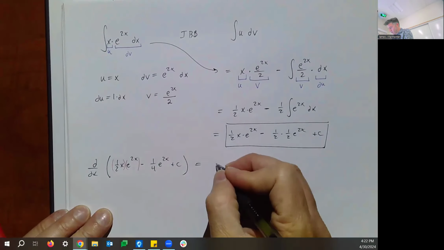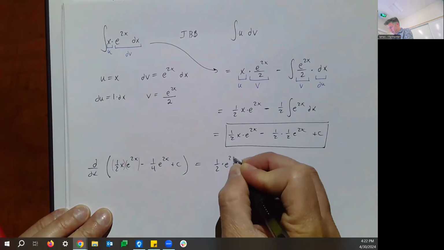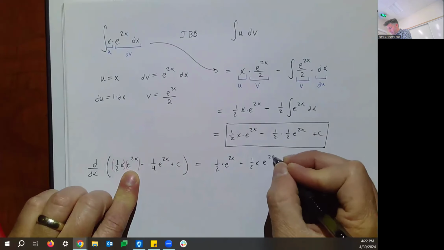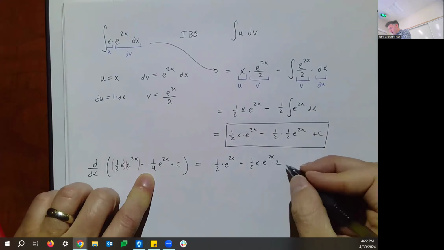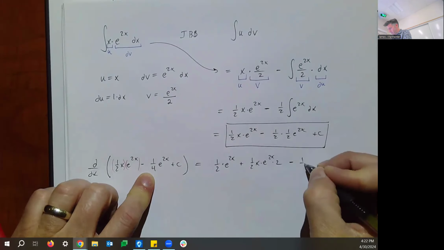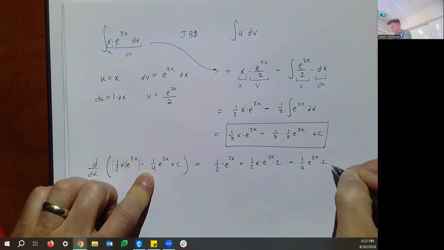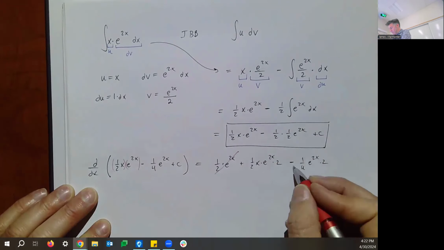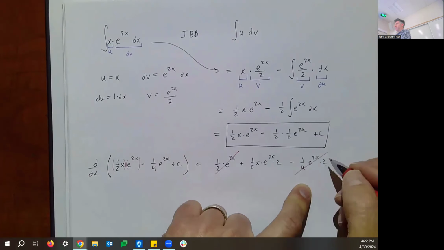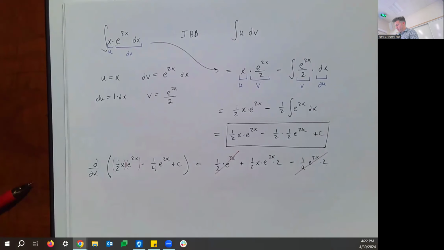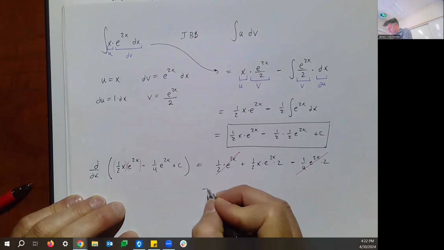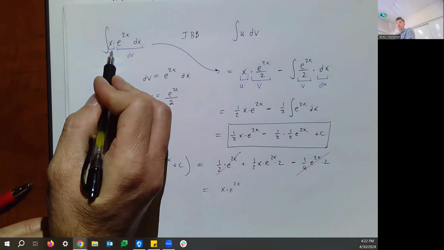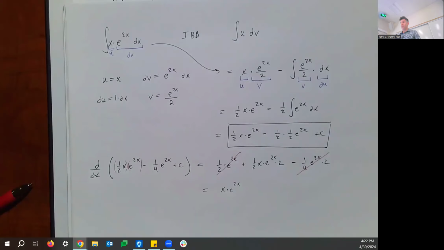So the derivative of 1/2 x is 1/2 times the other part, e to the 2x, plus 1/2 x times the derivative of e to the 2x, which is e to the 2x times 2, minus the derivative of 1/4 e to the 2x is 1/4 e to the 2x times 2. Derivative of c is 0. And look, the 1/2 times e to the 2x and the minus 1/2 times e to the 2x add to 0. And we're left with exactly 1/2 times 2, which is x times e to the 2x, which is exactly the function we were anti-differentiating in the first place. So integration by parts does work.